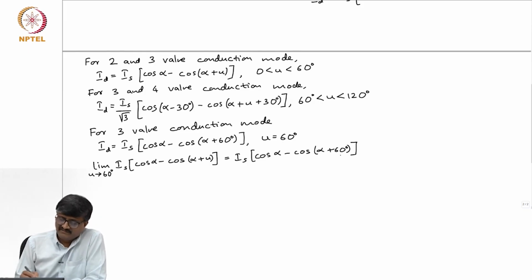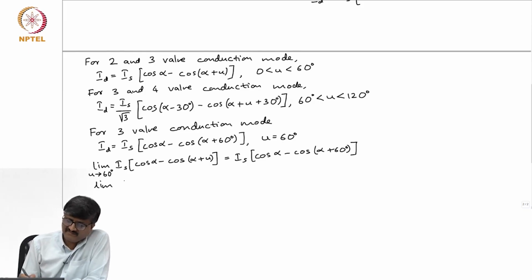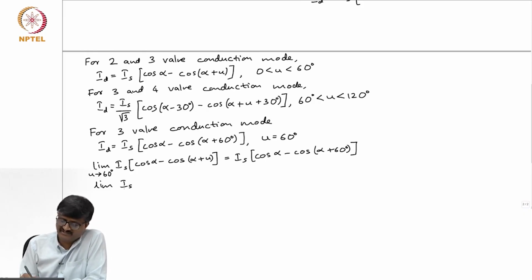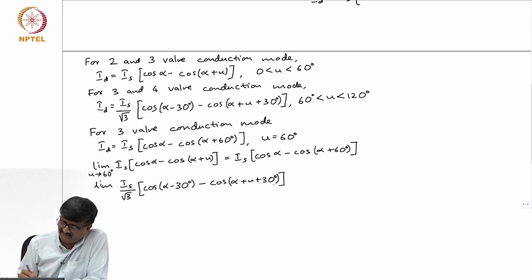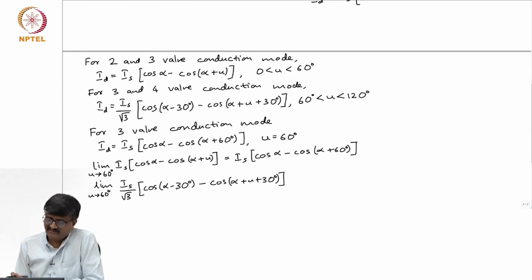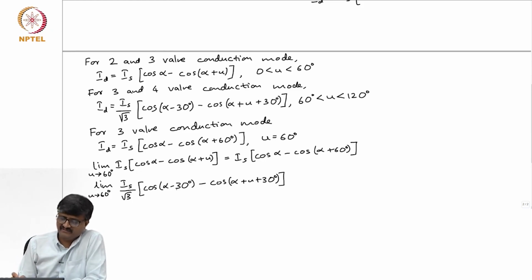Similarly, if I take the expression for ID in terms of IS, alpha and u for u greater than 60 degrees, that means the limit of IS by root 3 into cos(alpha minus 30 degrees) minus cos(alpha plus u plus 30 degrees), as u tends to 60 degrees. It is to be noted that this expression is valid for u greater than 60.